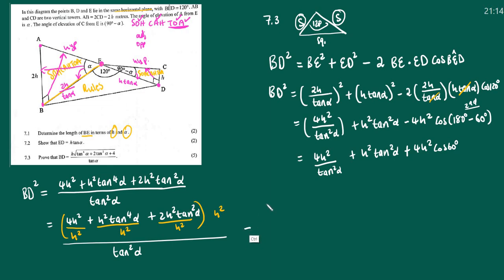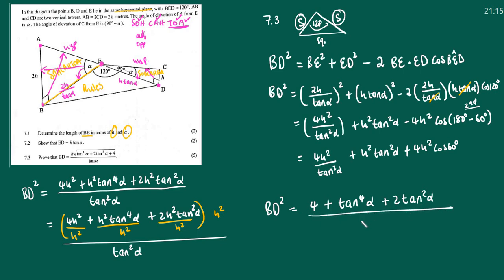Right. So in that case, if we do that, here they divide, you're left with what? 4. Here you divide, you're left with tan 4th alpha, and here they divide, you're left with 2 tan squared alpha.